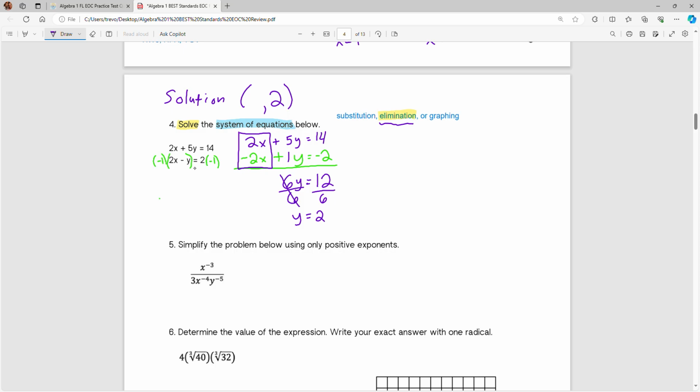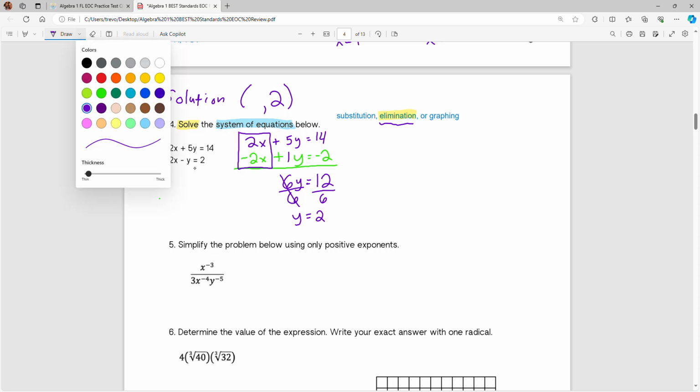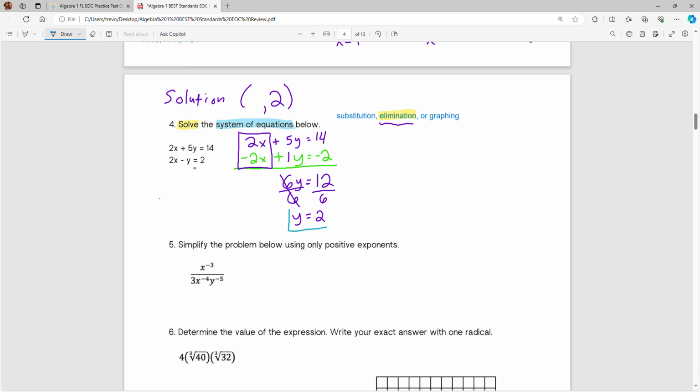And now I can take this and substitute it into either one of those equations. So I'll just put this into the second equation. I'm going to take this y value and substitute it in right here.